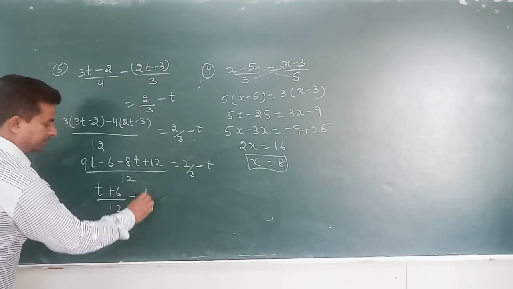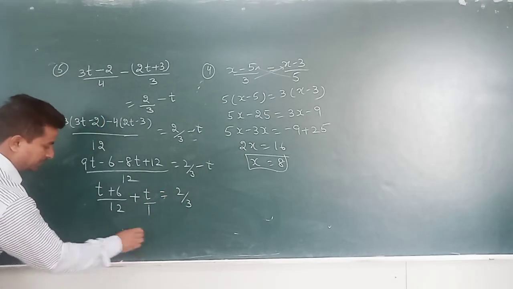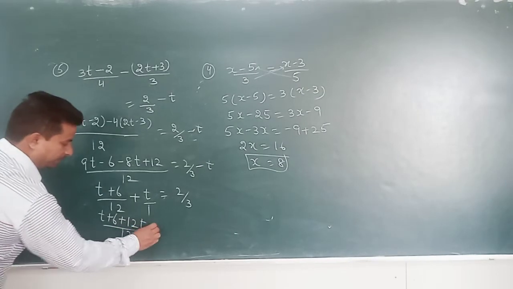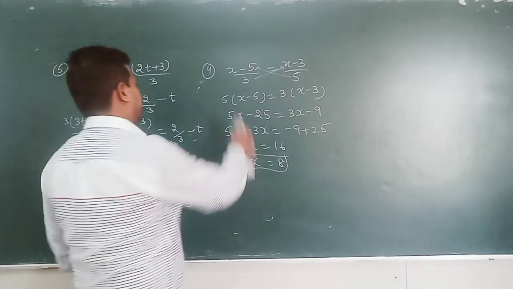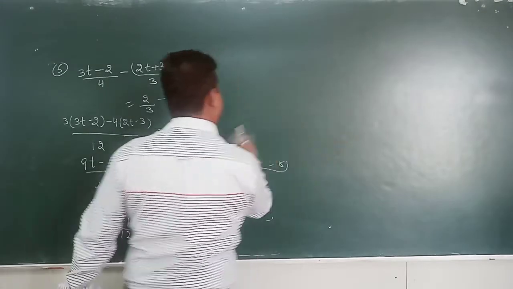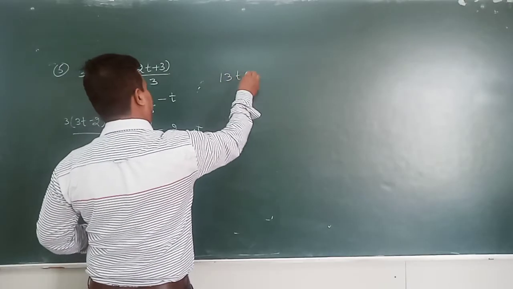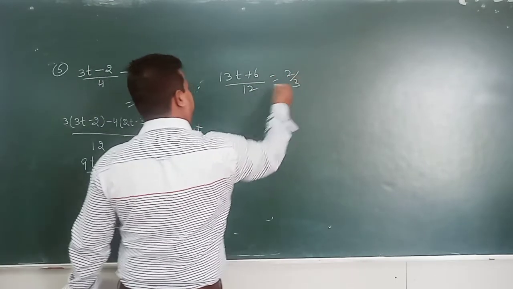Take this t on the left hand side and LCM of 2 is 12. So it's t plus 6 plus 12t, which is 2 by 3. So t plus 12t is 13t. This is 13t plus 6 divided by 12 equals 2 by 3.